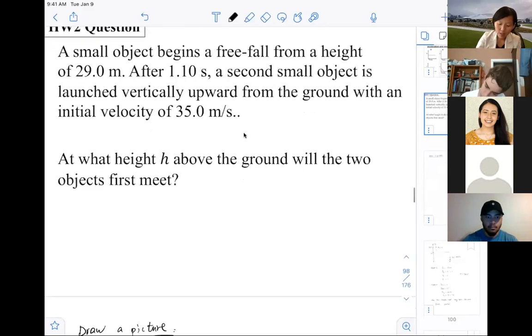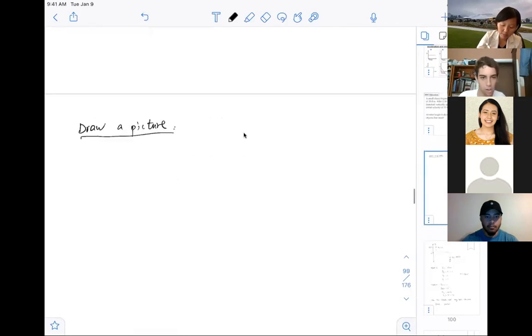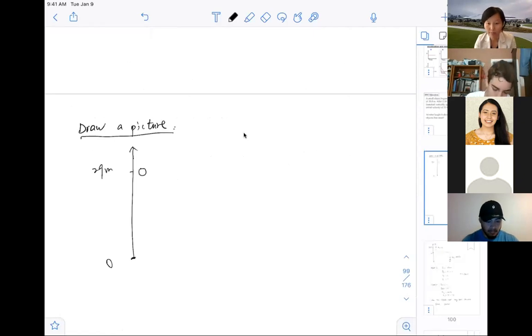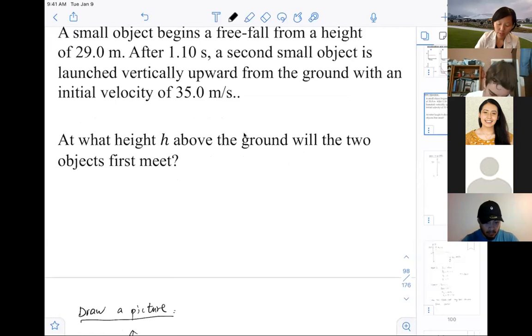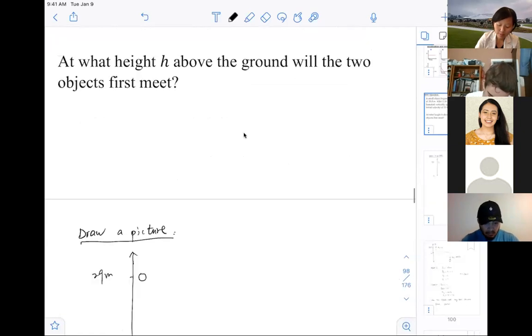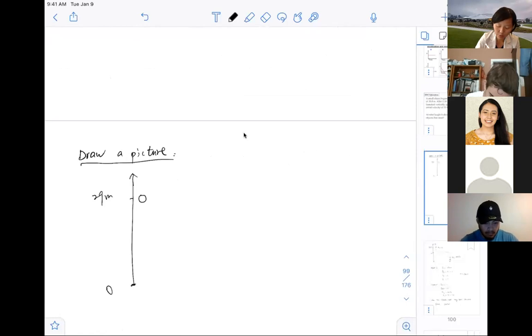So we have a small object from a height. Let me go ahead and draw. So this is 0, this is at 29 meters. Okay, and an object is released from the height. That's the information we're given. After 1.1 seconds, another small object is launched from the ground.